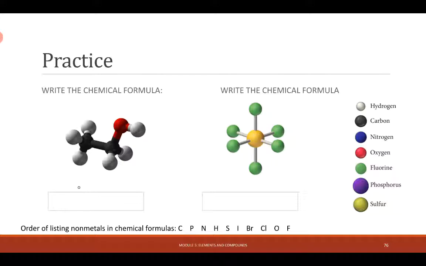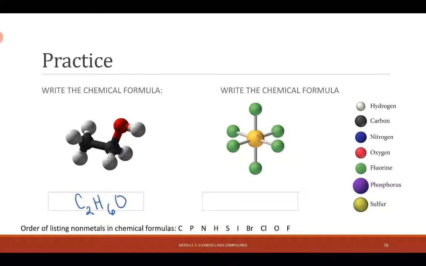All right, let's go over this. So carbon is in the smallest group number, so that one's going to go first. There's two carbons. Next up would come hydrogen. Hydrogen gets inserted right after nitrogen, but sometimes you'll see hydrogen listed right after the carbon, and then nitrogen listed later. 1, 2, 3, 4, 5, 6 hydrogens, and 1 oxygen.